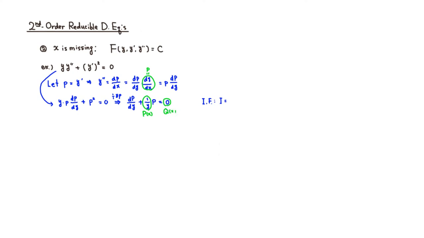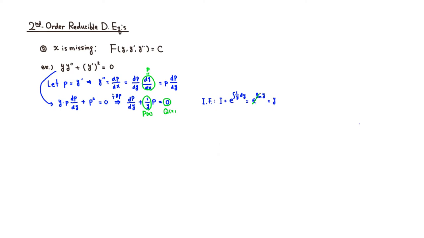So the integrating factor I is e to the integral of 1 over y, with respect to y, because this is a derivative with respect to y. Then you have e to the natural log of y, you can cancel e and natural log, so you end up getting simply y.